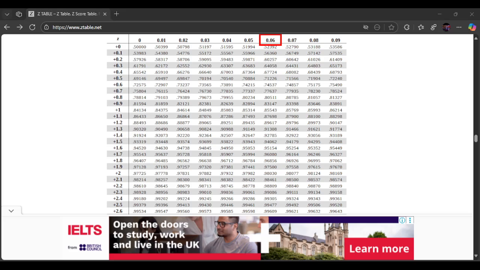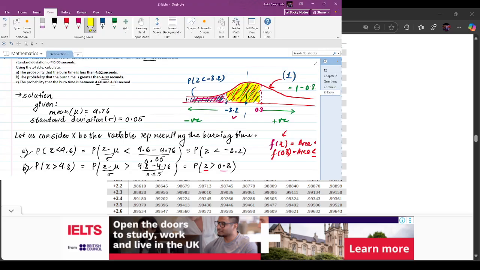Now we had learned that the Z table always gives you the less than value.